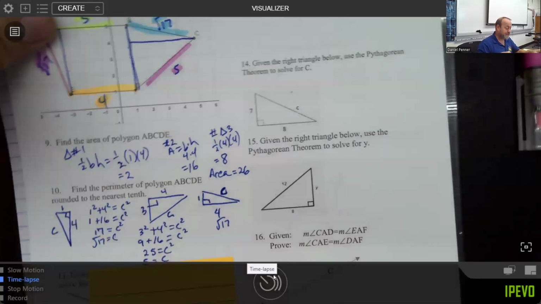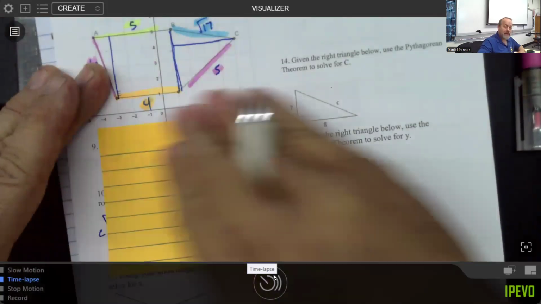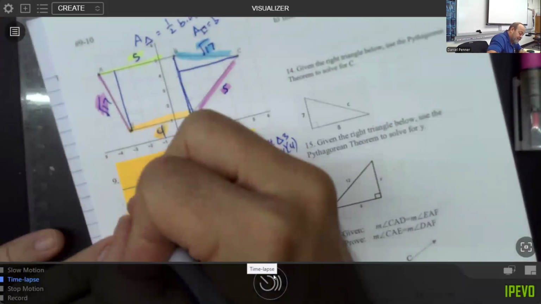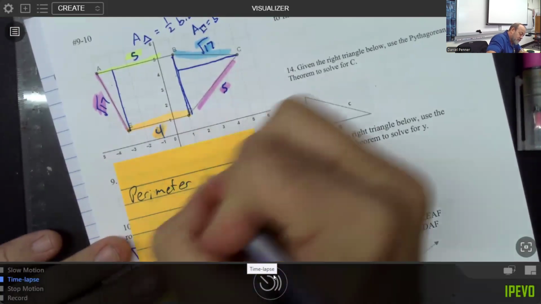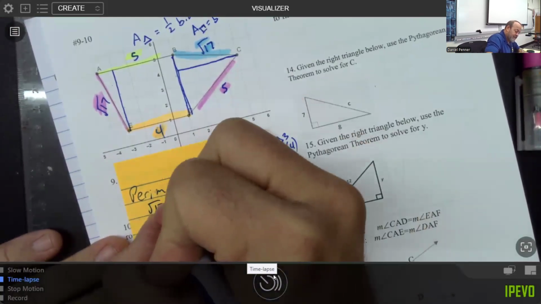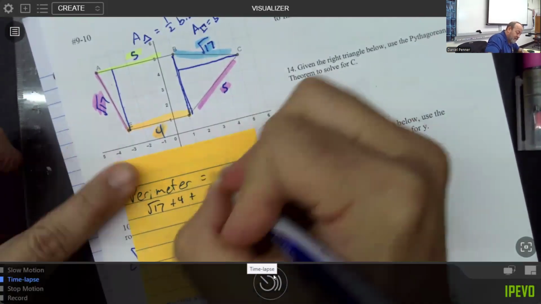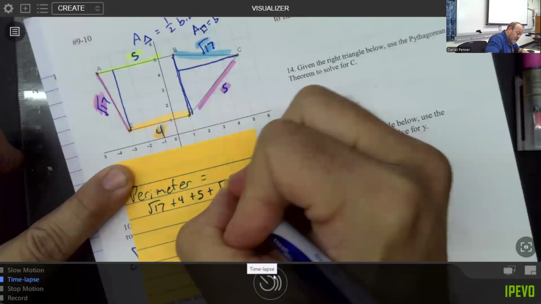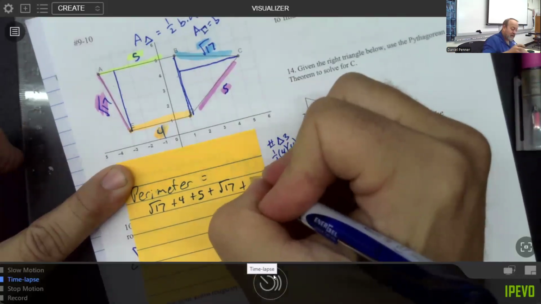My perimeter, actually, I'll put it right here maybe. My final answer for my perimeter is equal to the square root of 17 plus 4 plus 5 plus another root 17 plus an additional 5.